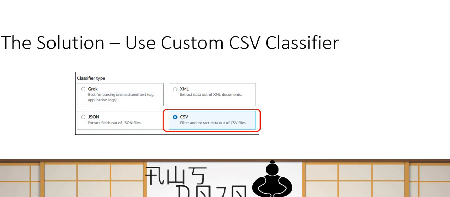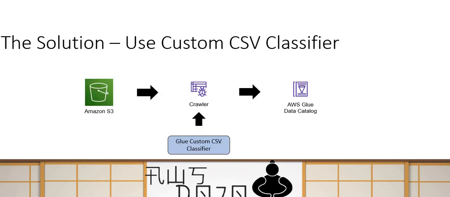So moving on, how exactly does your custom classifier work? The way it works is that when you configure your crawler, configuring a classifier for the crawler is an optional configuration. But in this case, you want to configure a custom classifier for your crawler.